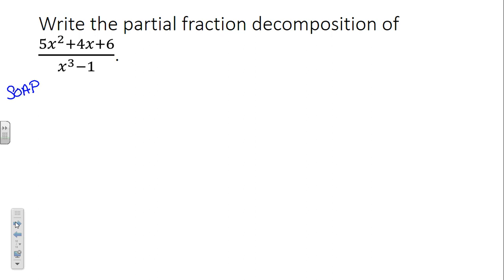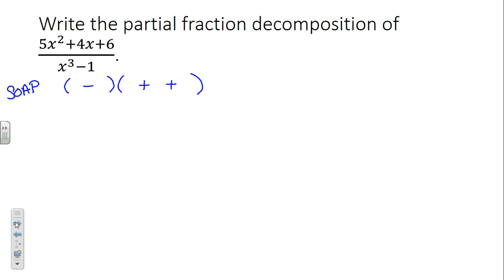So it's going to factor into a binomial times a trinomial. And the SOAP acronym helps you remember that you use the same sign in the first parentheses. So since it was a -1, we're going to use a minus there. Then we use the opposite sign next, which is a positive or a plus. And then the last one is always positive.